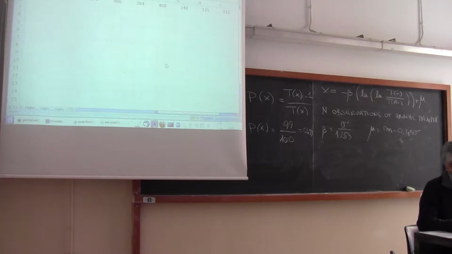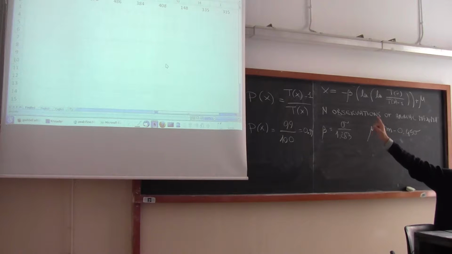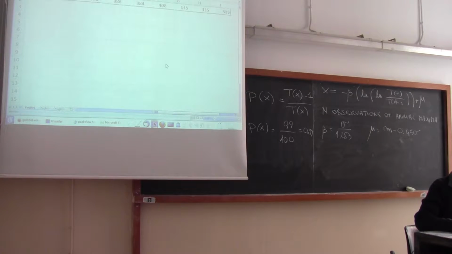Okay, and then it's better for me if I put them, they are now in columns, it's better if I put them in rows. So let me copy these numbers and paste them.